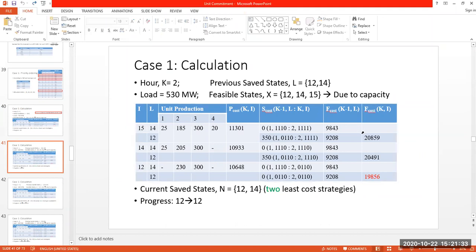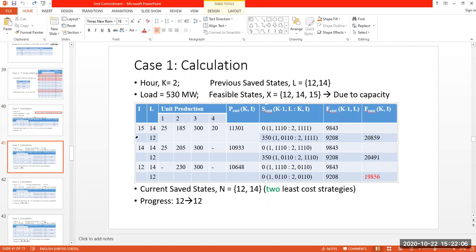So what I was saying, again, I see that my transition from 12 to 12 and 12 to 14, these are the two least transition costs. You can also write 14 here. So this row belongs to transition from 12 to 14, and the last row belongs to transition from 12 to 12. So again, I save the two least cost strategies, that is 14 and 12.